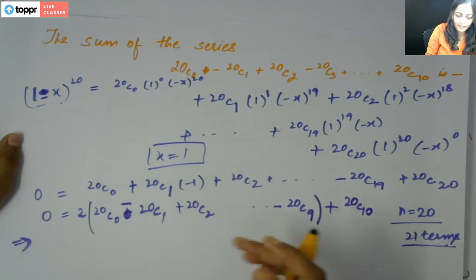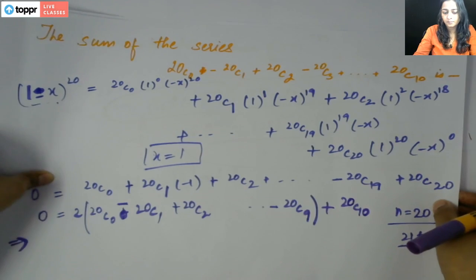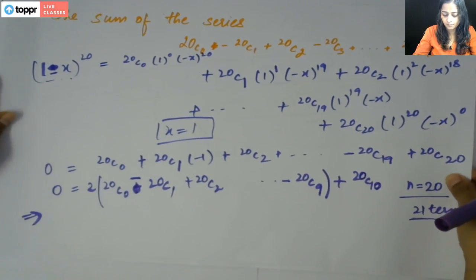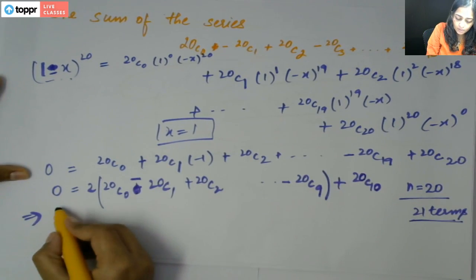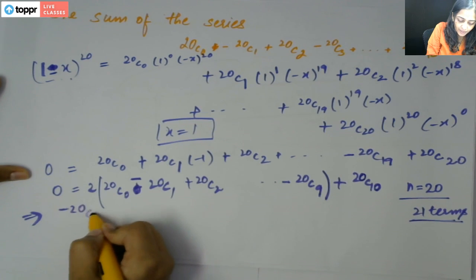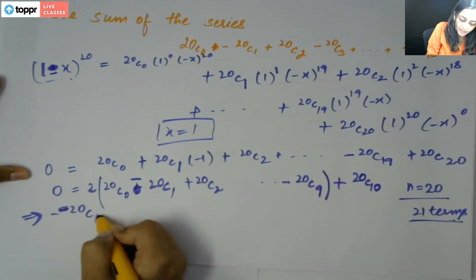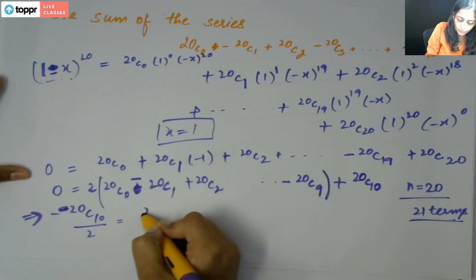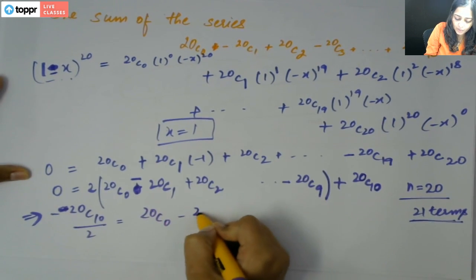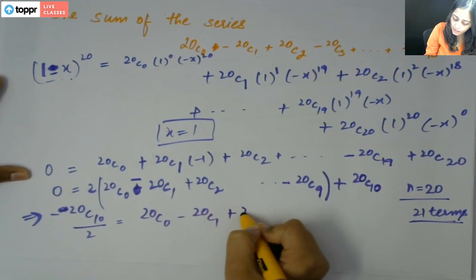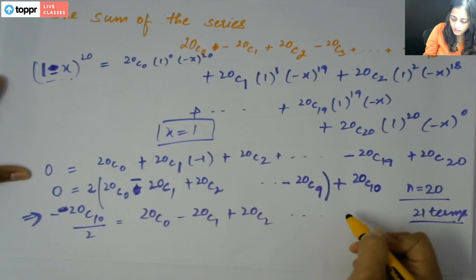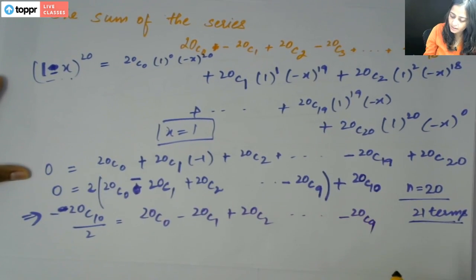So from this I get minus 20C10 by 2 as 20C0 minus 20C1 plus 20C2 till minus 20C9.